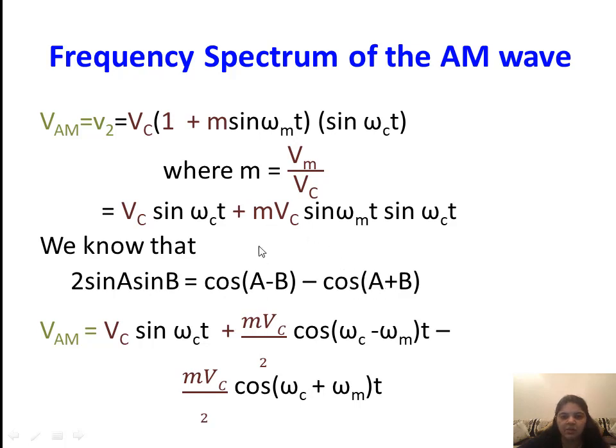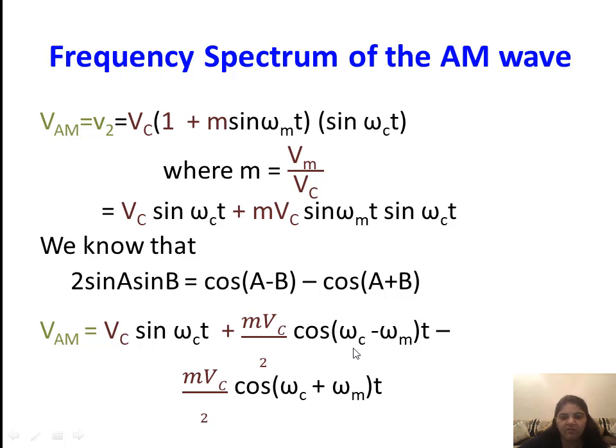So it is equal to mVc/2 cos(A minus B), so cos(ωc minus ωm). Now over here we have to keep in mind that the carrier is a high frequency wave, and ωm is a low frequency wave.